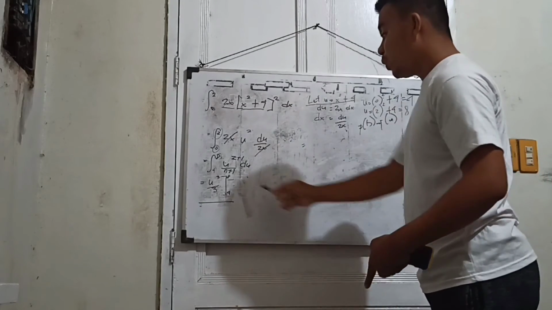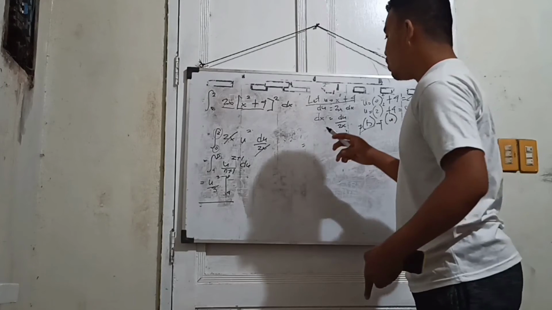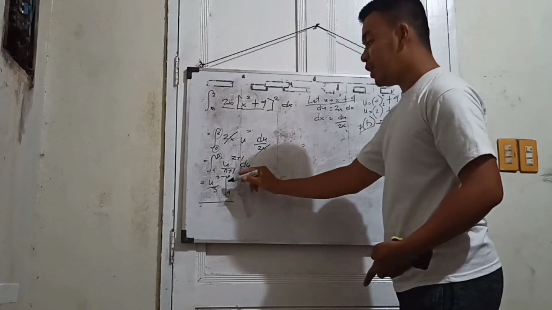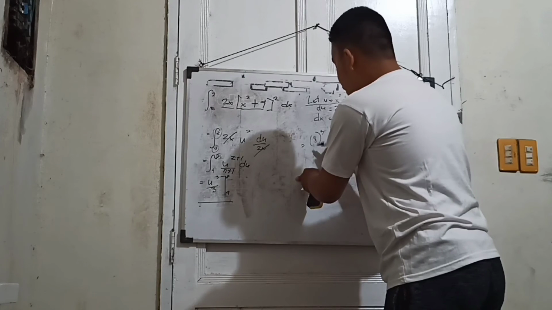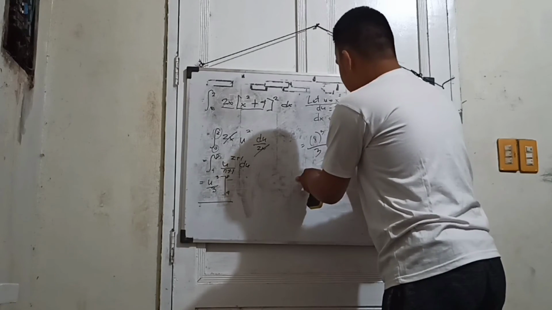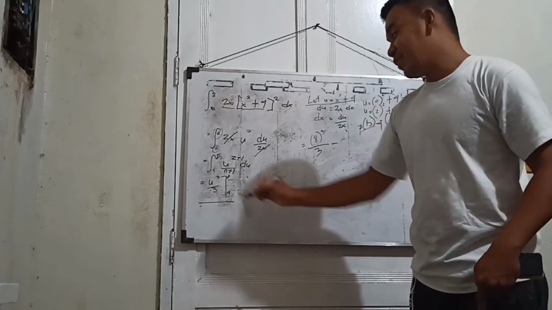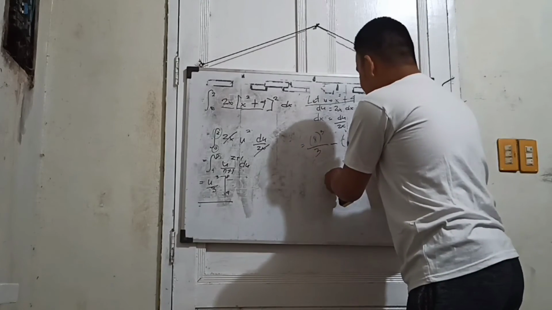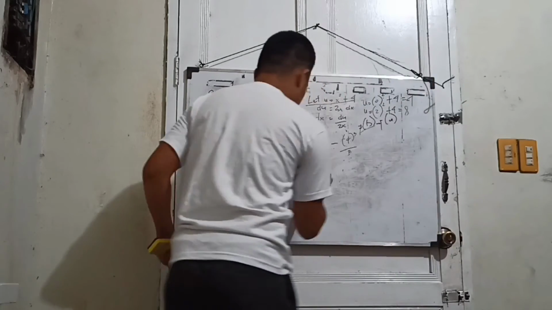So, first we will use f of b, which is our upper limit. Substitute the u with the upper limit, which is 8. 8 cubed over 3 minus the value of f of a, or the lower limit, 4. 4 cubed over 3.